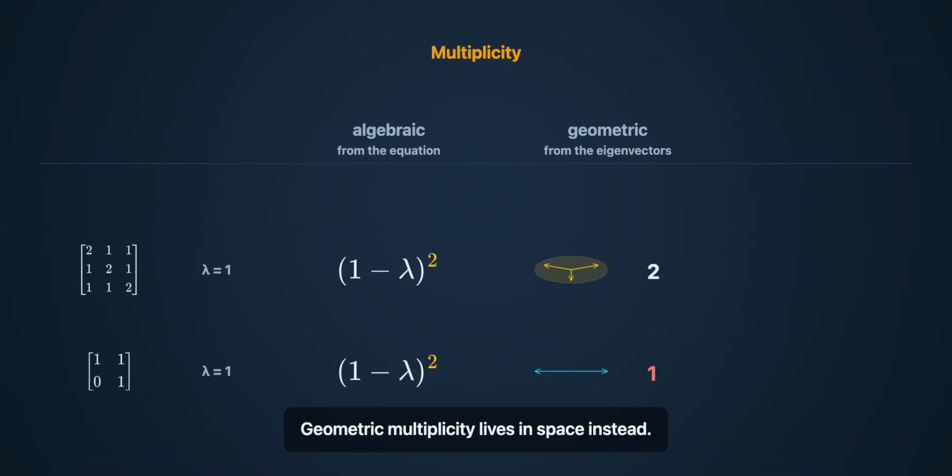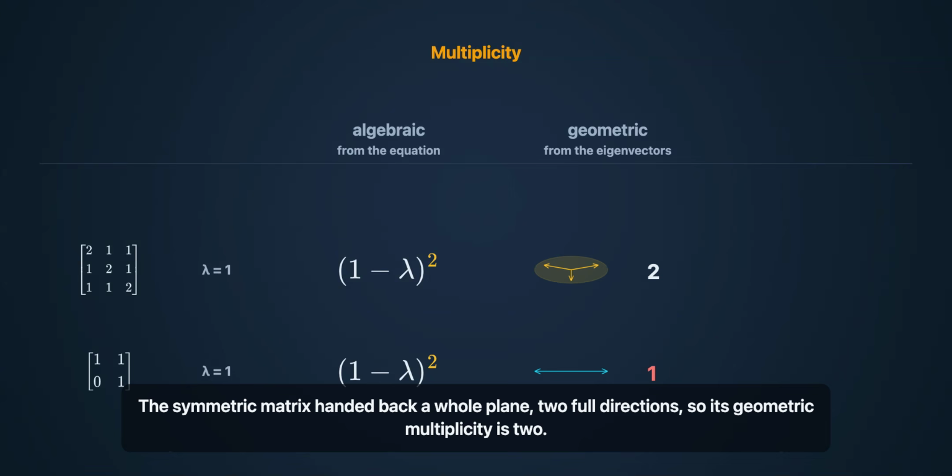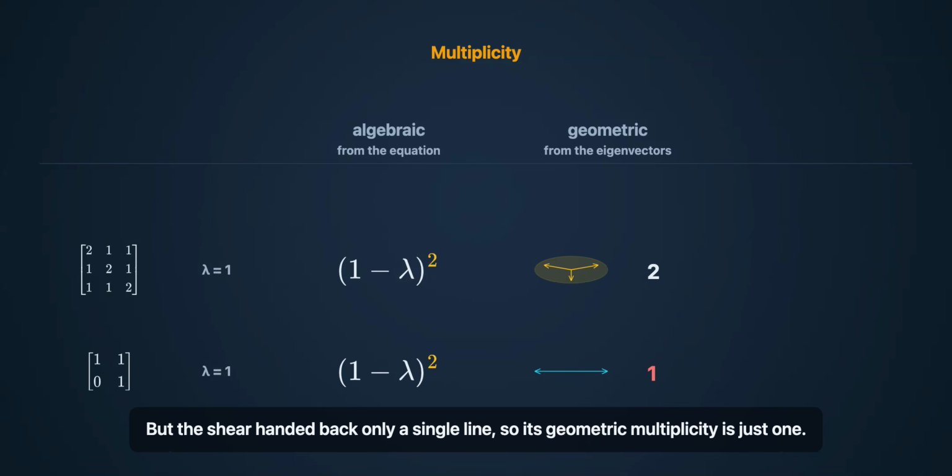Geometric multiplicity lives in space instead. It is simply how many independent eigenvector directions you actually get. The symmetric matrix handed back a whole plane, 2 full directions, so its geometric multiplicity is 2, but the shear handed back only a single line, so its geometric multiplicity is just 1.